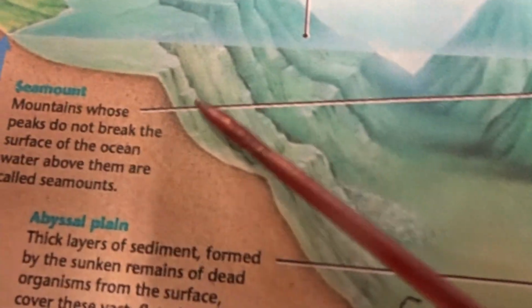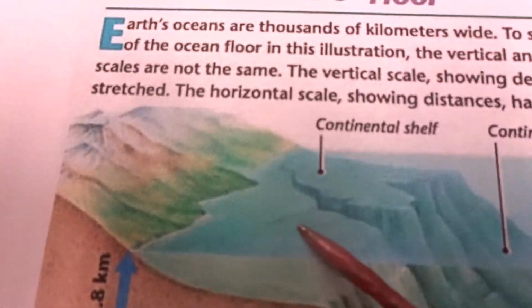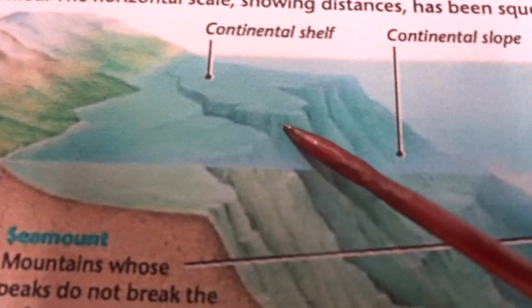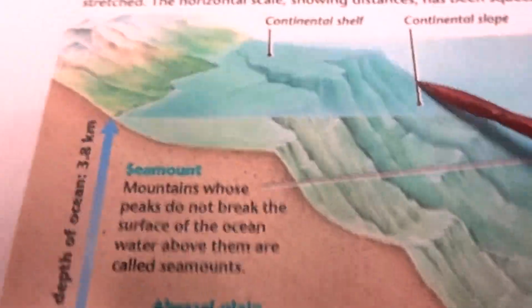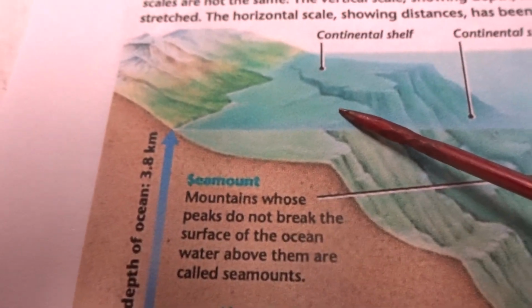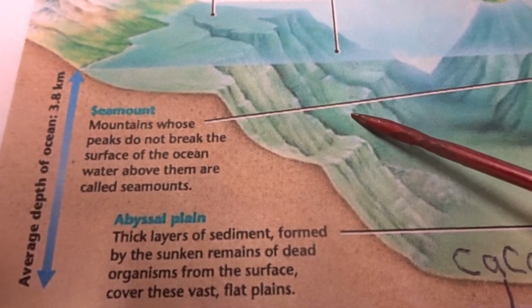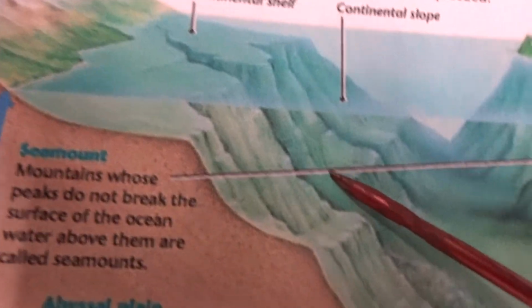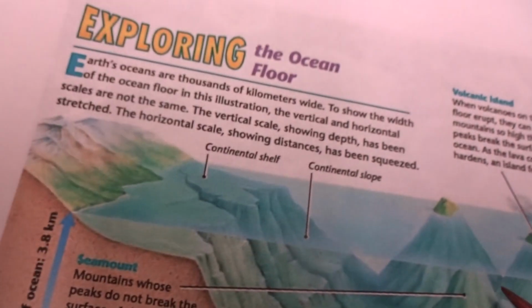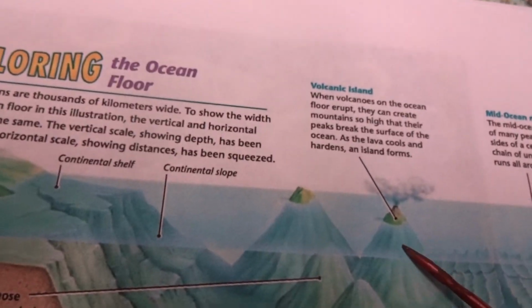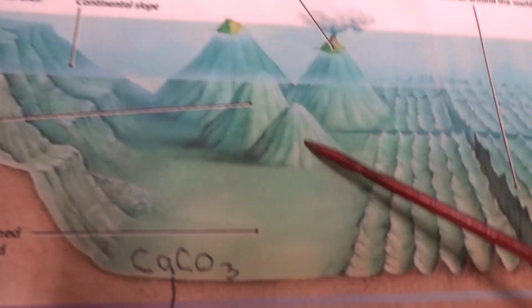This is a cross section from one continent to another across the ocean floor. And we see the continental slope, we see the continental shelf and the continental slope in the neritic zone, and in the pelagic zone we have such things as seamounts and guyots.